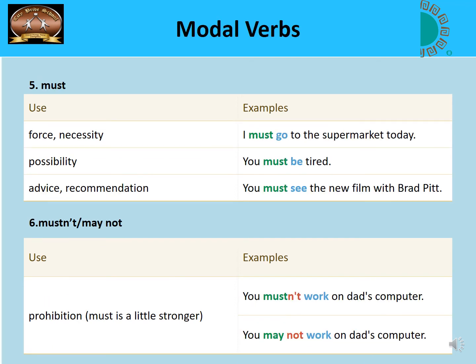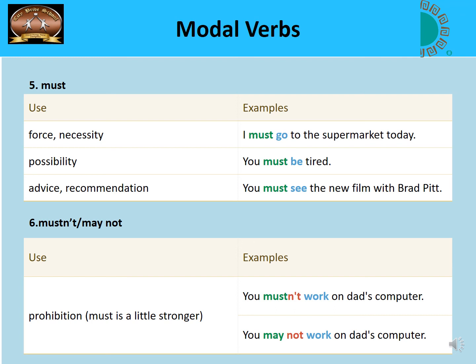Must and mustn't or may not. I must go to the supermarket today. Force, necessity, you're falling short of grocery. You must be tired. Possibility, after a hard day's work, you are tired. You must see the new film with Brad Pitt. It's an advice. You mustn't work on dad's computer.